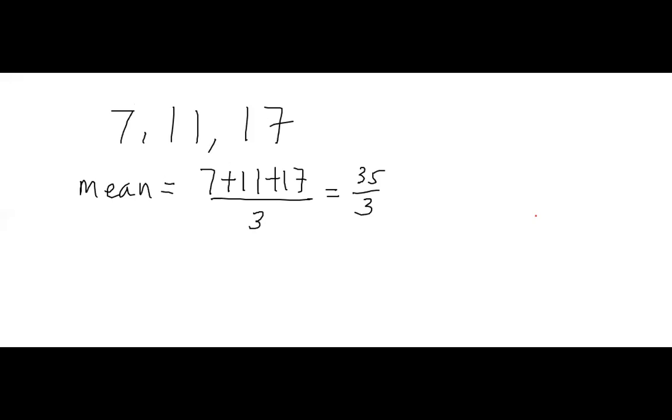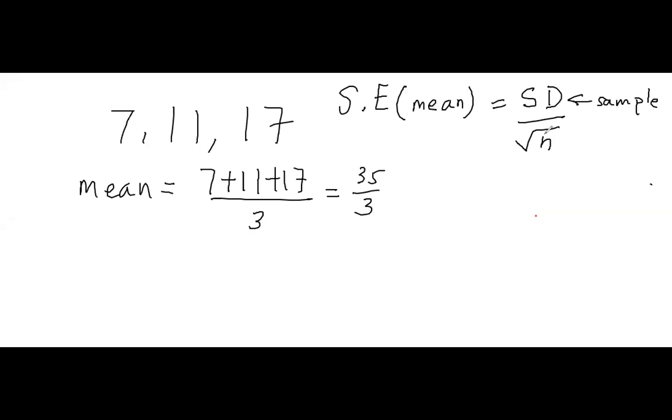Now, if you want to calculate the standard error, this is the standard error for the mean. The standard error for the mean is equal to the sample standard deviation over the square root of n. In a sense, this is the standard error of your sample mean.